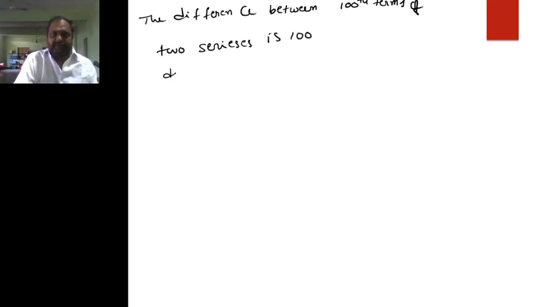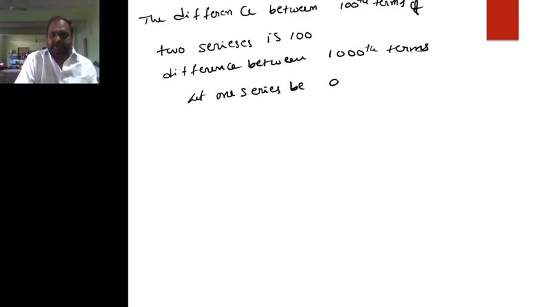What is the difference between the 1000th terms? So first, let one series be A, A plus D, A plus 2D and so on. So the 100th term, A100 is equal to A plus 99D.